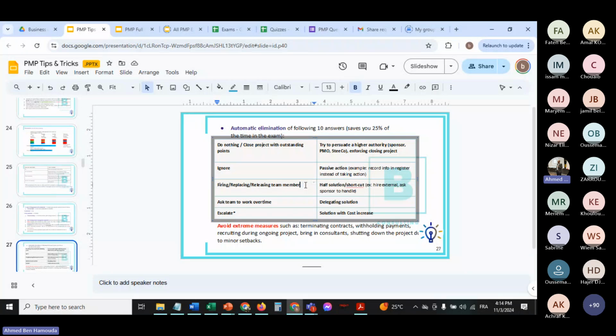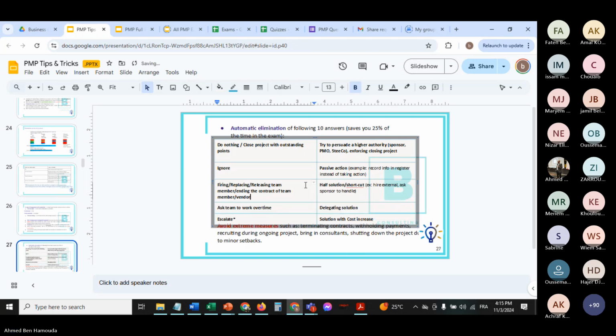Let me also add it here because we've seen it in some questions. Ending the contract of a team member or of a vendor. Ending the contract. Try to avoid those answers.